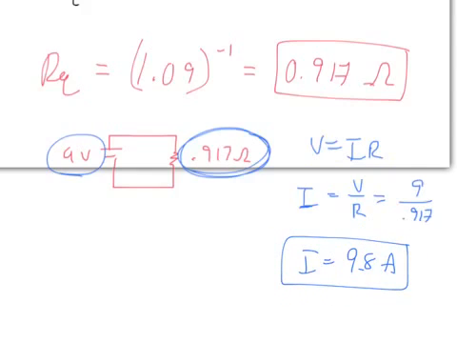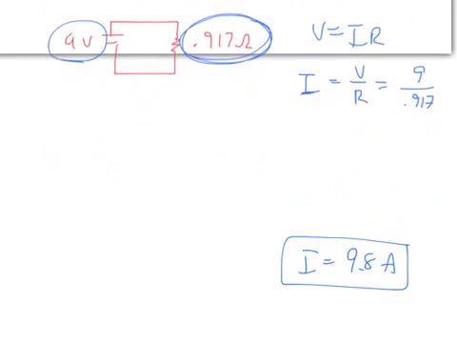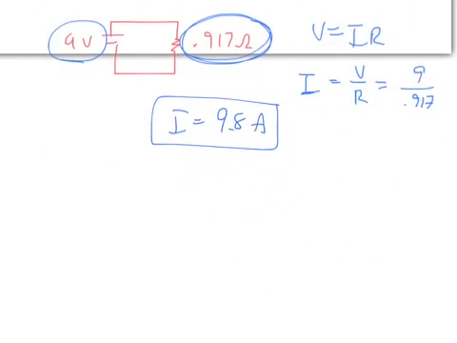Now the last part we want to figure out is the current through each resistor. The reason we're going to do that is because we remember our current law said that the sum of the currents equals the total current. So let's find the current across each resistor now. To do that, we're going to say that the current in the first resistor is equal to the voltage across the first resistor over the resistance itself.